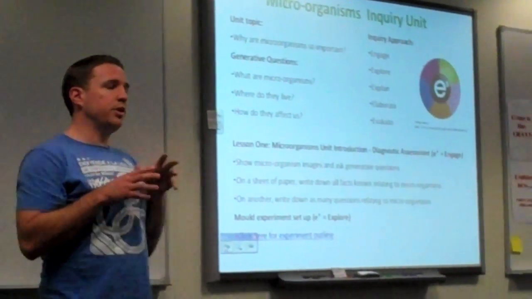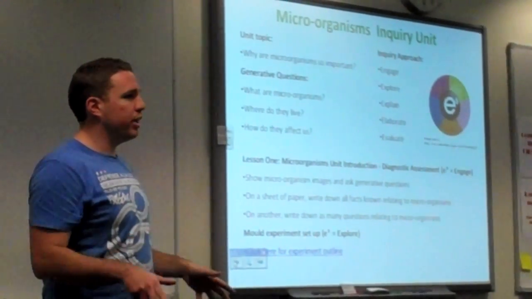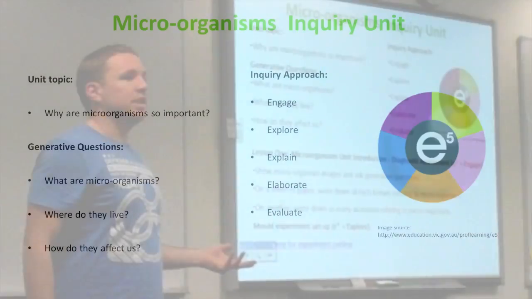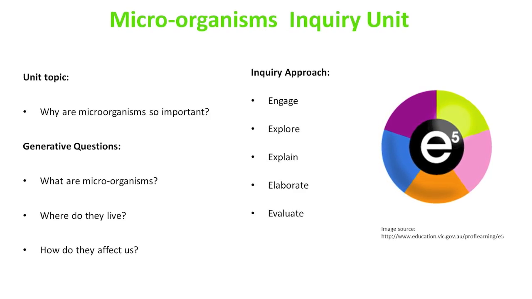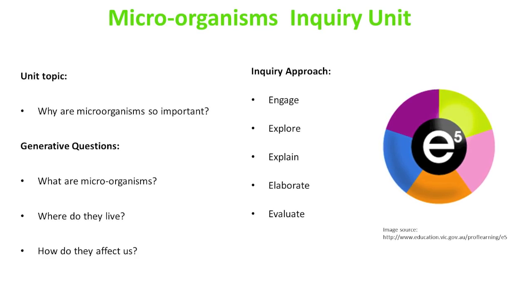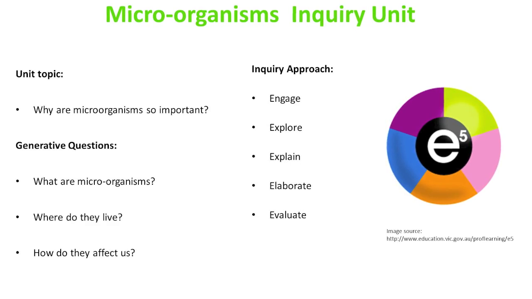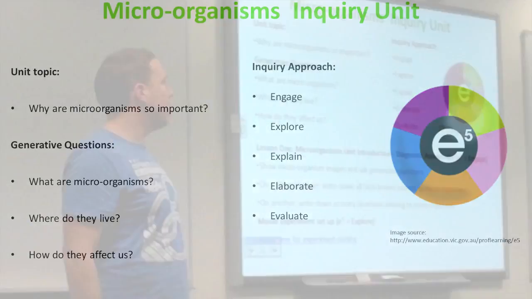It tells us that you should have a broad question as the unit topic, and then underneath that you should give students the opportunity, ideally, to form generative questions, which are questions that are going to form more questions, so they're not closed questions, in other words. The generative questions that I've come up with are: what are microorganisms, where do they live, and how do they affect us?